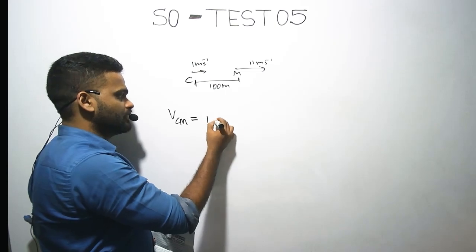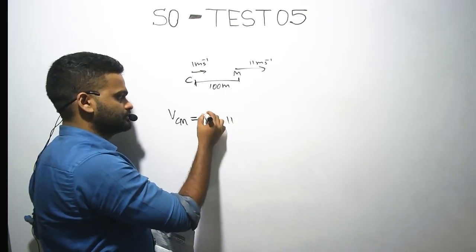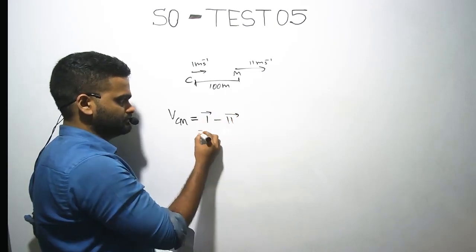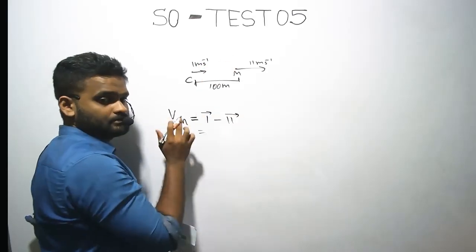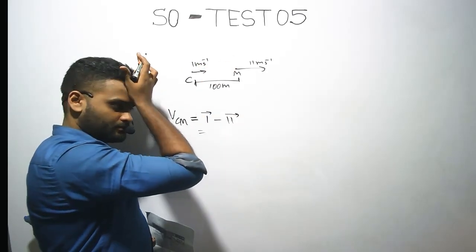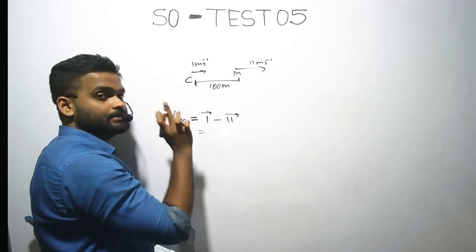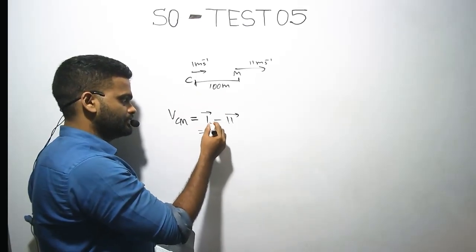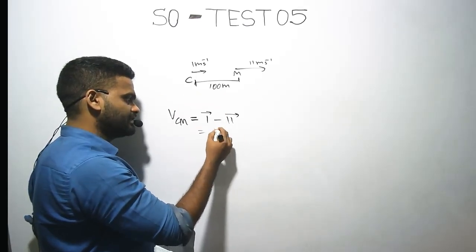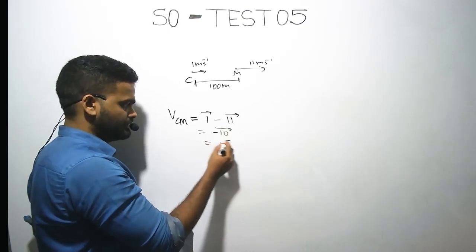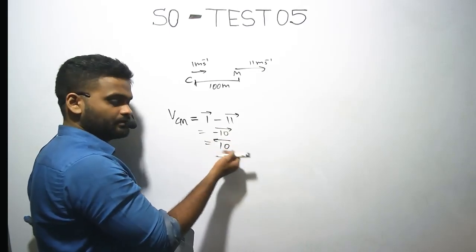Meaning 1 minus 11, which is minus 10 to this side. Then make it positive, to the other side.